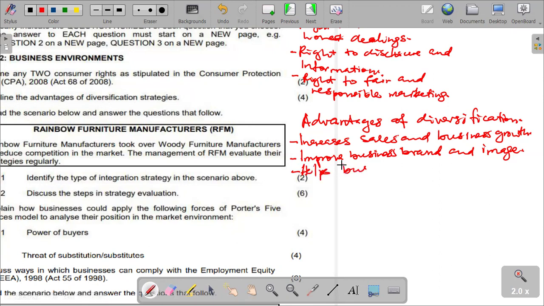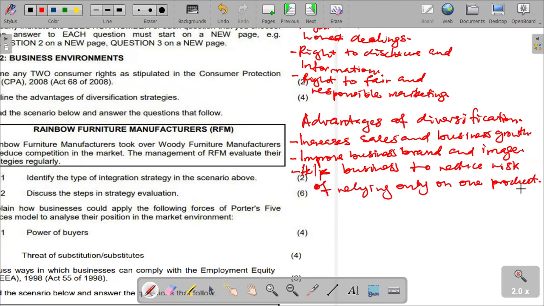Diversification helps businesses to reduce the risk of relying only on one product.